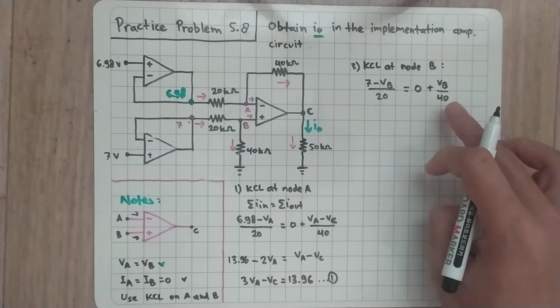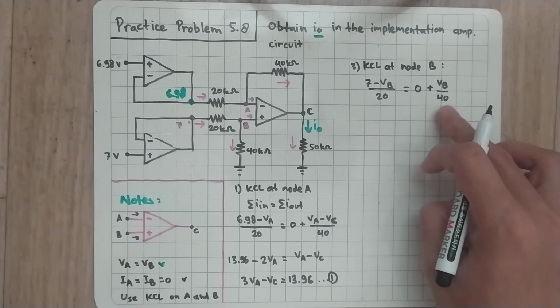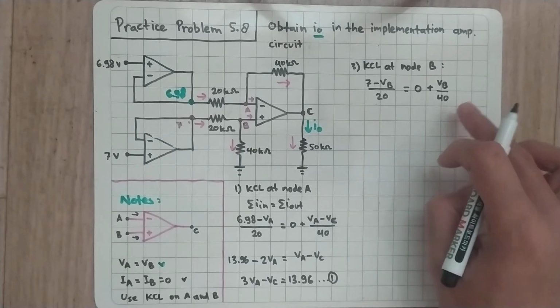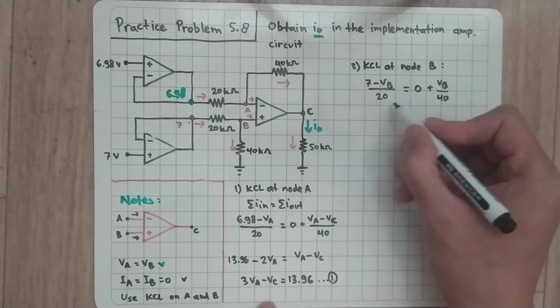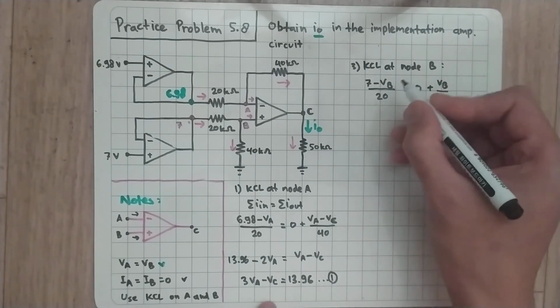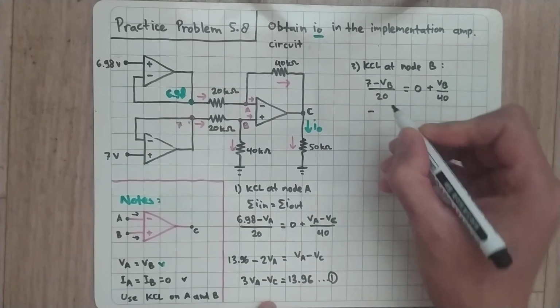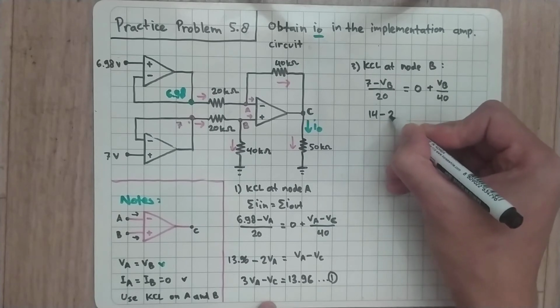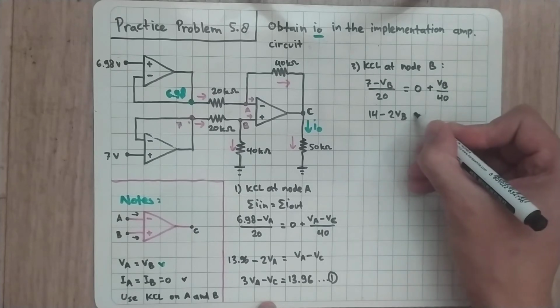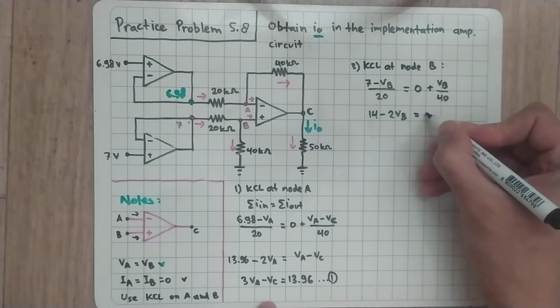Okay, this is the case. So we can solve this by multiplying both sides by 40. So I will have 14 minus 2VB will equal to VB.